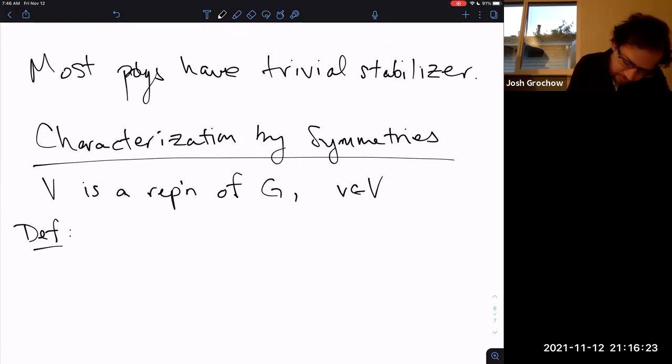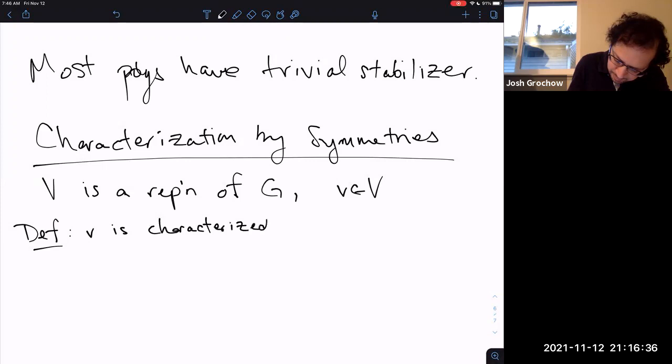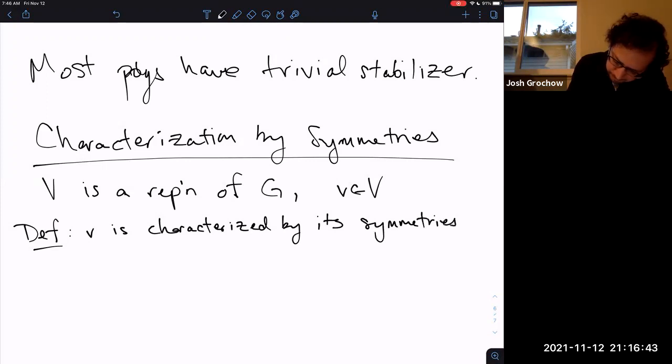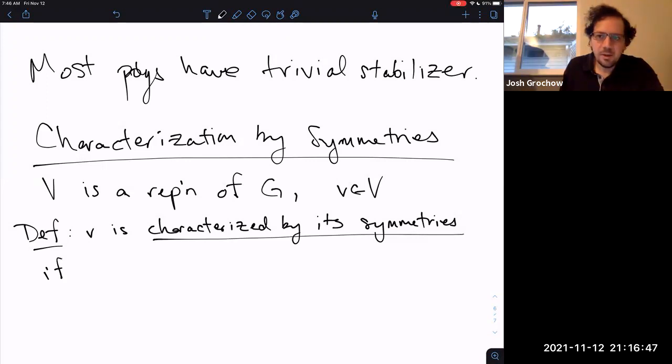Okay. So one definition is: v is characterized by its symmetries if any other point, or maybe I should say there are no other points with the same symmetries as v.